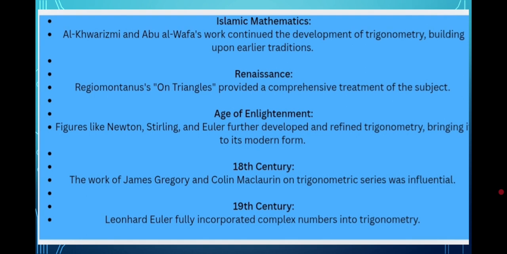After that came the Age of Enlightenment, also known as the Age of Reason, the period of European history roughly from the 17th to the early 19th century. Figures like Newton and Euler further developed and refined trigonometry, bringing it to its modern form.